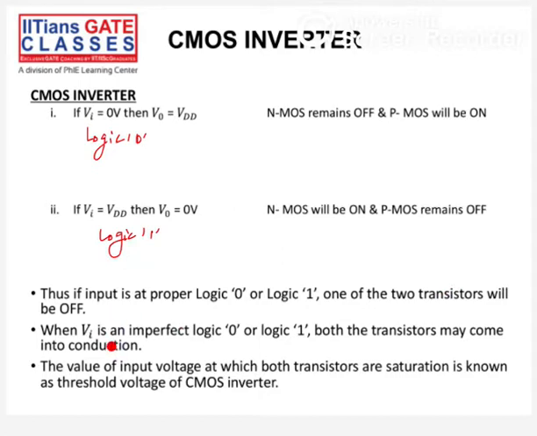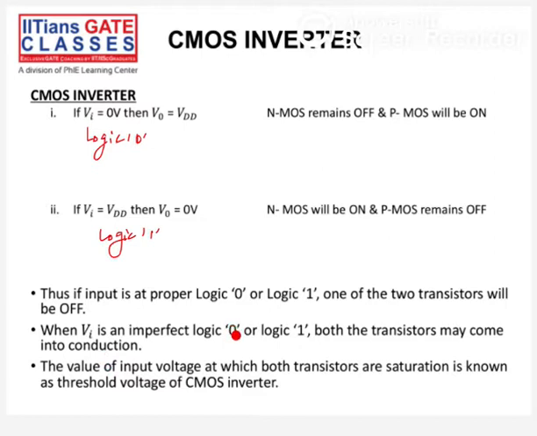When Vi is an imperfect logic 0 or logic 1, means it is in between these two values, both the transistors may come into conduction. Means both transistors will be working and in the conducting state.